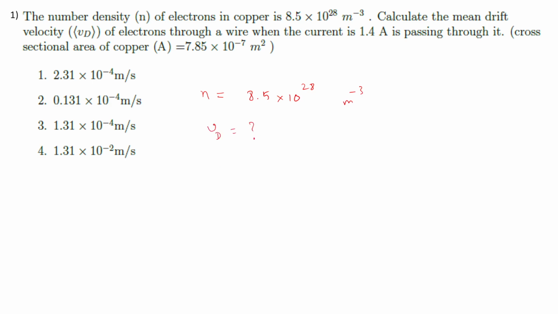The current is equal to 1.4 ampere, and you have been given the cross-sectional area A of the copper wire. It is 7.85 into 10 to the power minus 7 meter square.